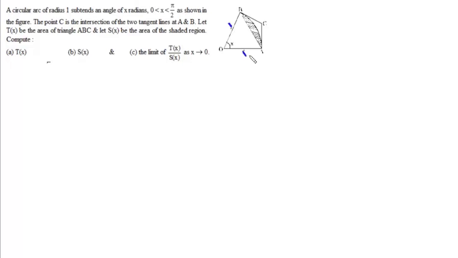Now radius is 1. If we draw a line here, this angle will be x by 2 and this is 90. And suppose this point is D. So this is A, B, C, and we have this triangle ABC.